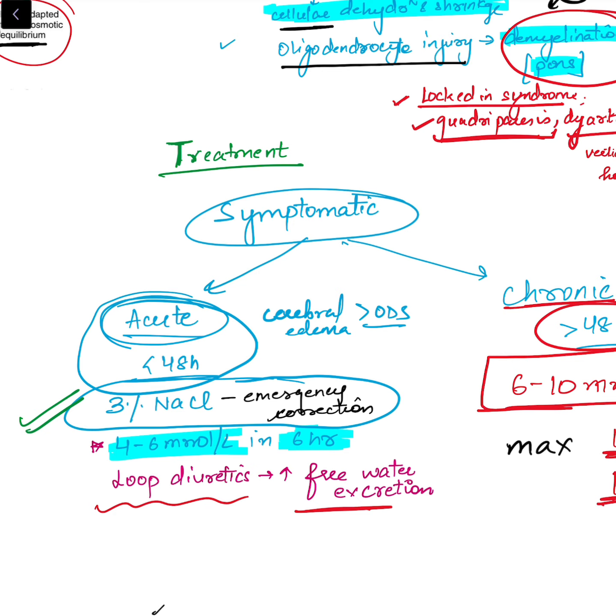It's an emergency condition, so here you give it aggressively because the patient has a risk of acute cerebral edema. So 4 to 6 in 6 hours, or, the way we have learned, 8 to 10 milliequivalents in 24 hours. You can give loop diuretics for free water excretion.